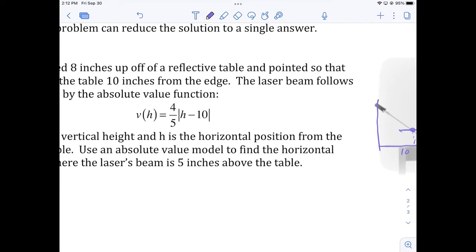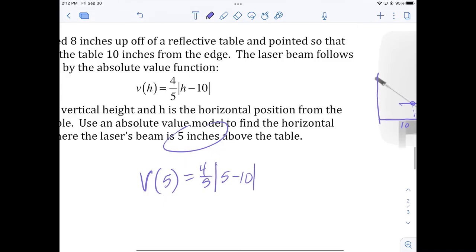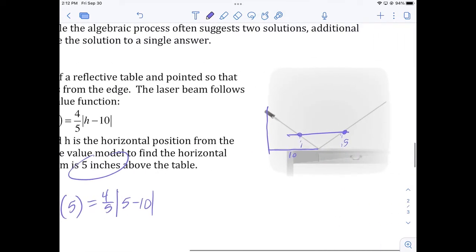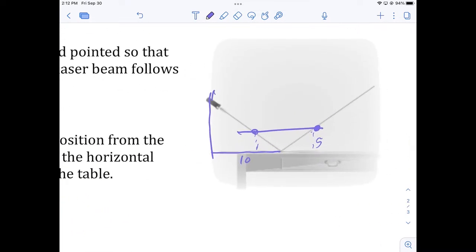So is 5 inches an h value or a v value? So I should plug it in. I should say v of 5 equals 4/5 times the absolute value of 5 minus 10. Is that what I should do? Look, it says h is the horizontal position. So if we make this the axis right here, this is the y-axis.